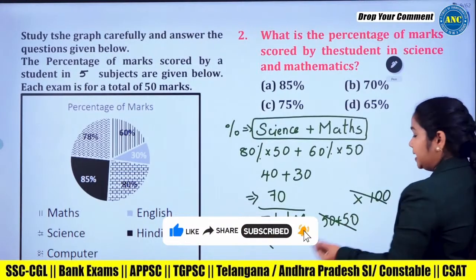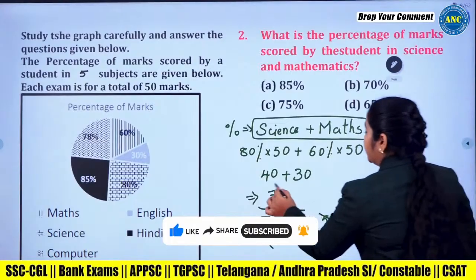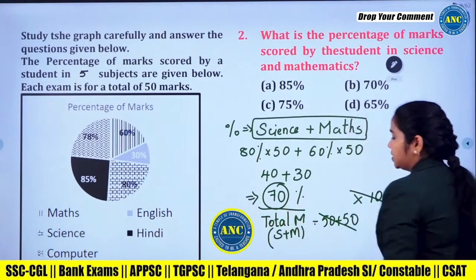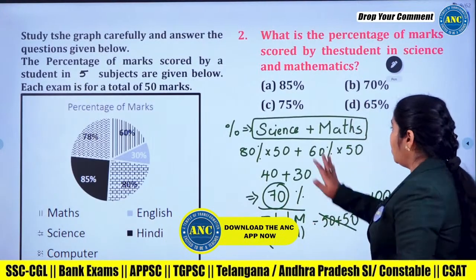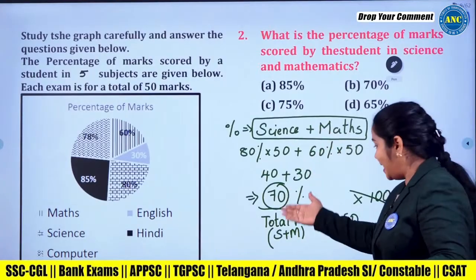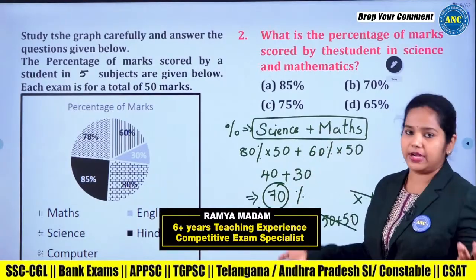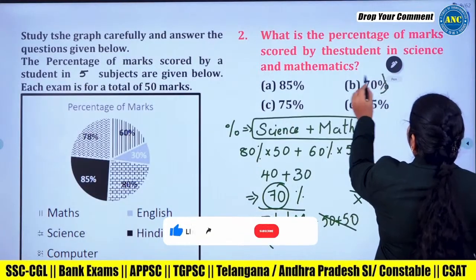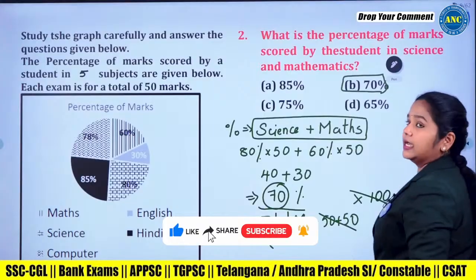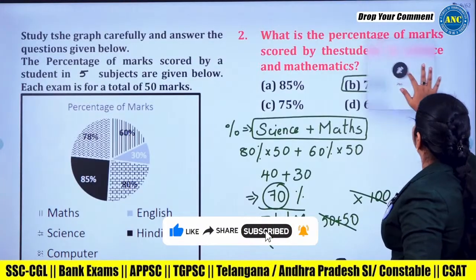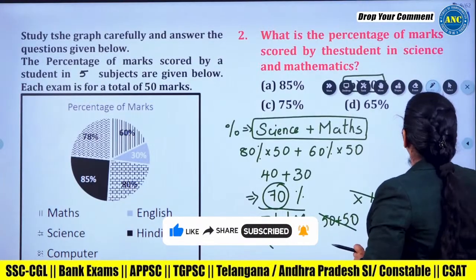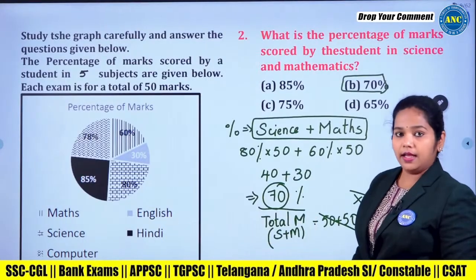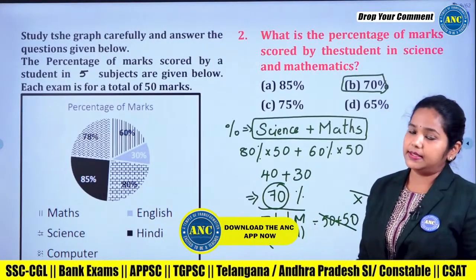This and this will always get cancelled. So, it will be 70%. Anyhow we know that it's 100, I did not calculate further. I told you it is directly 70%. So, option B, 70% is the correct answer. Yes. Are you all with me?